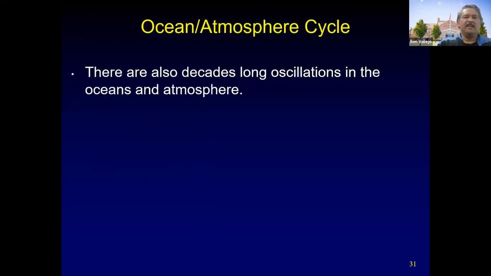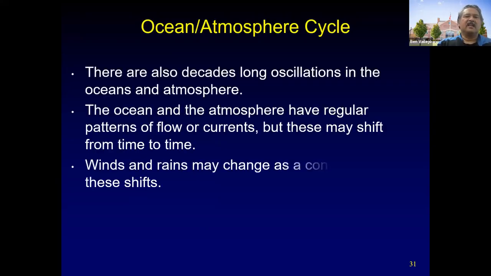All righty. And so the ocean also has a cycle. There are also decades-long oscillations in the oceans and the atmospheres. There are certain patterns of current movement that we expect, but these may change and even reverse in some cases.